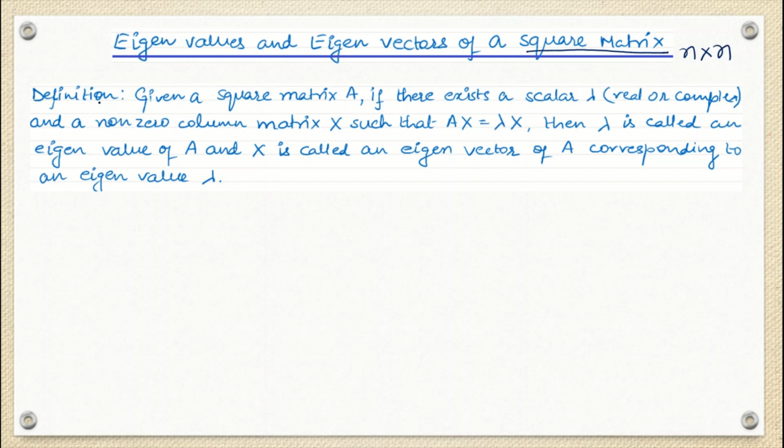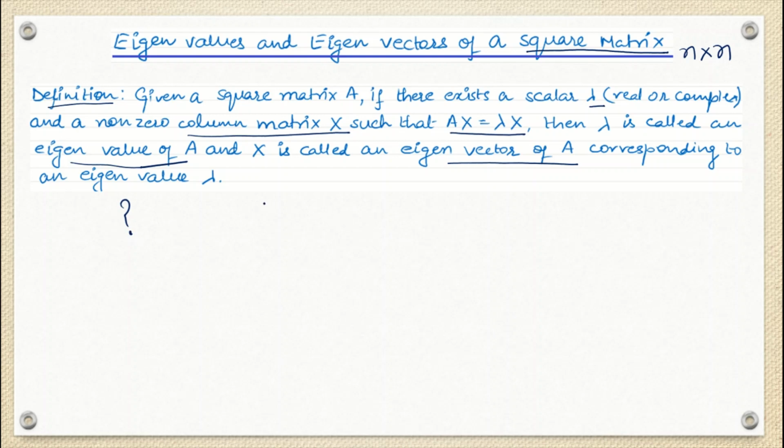The definition says that given a square matrix A, if there exists a scalar lambda, which can be a real number or a complex number, and a non-zero column matrix X, such that Ax equals lambda x, then lambda is called an eigenvalue of A and x is an eigenvector of A corresponding to the eigenvalue lambda.